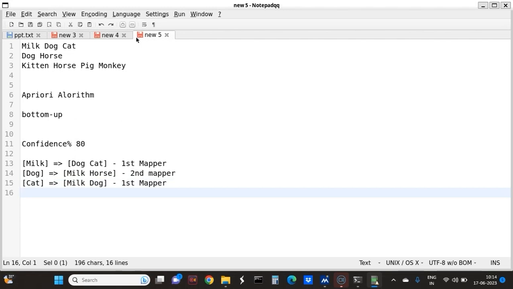Then it will search for kitten. Kitten has only one, so horse, pig, and monkey. So this is done by the second mapper.